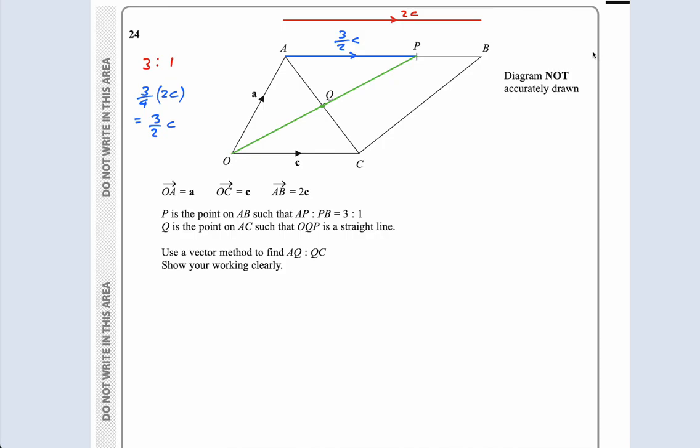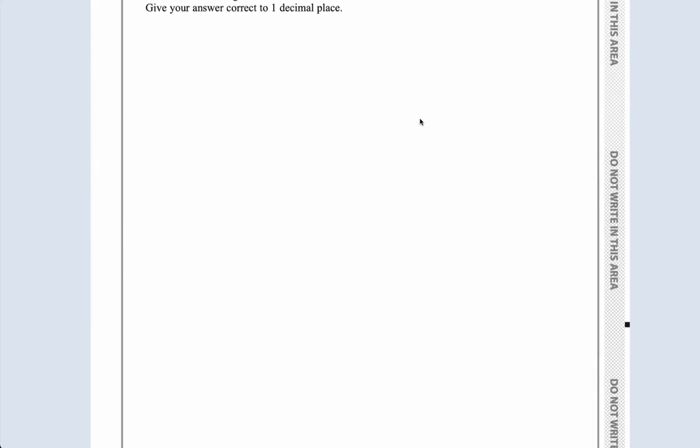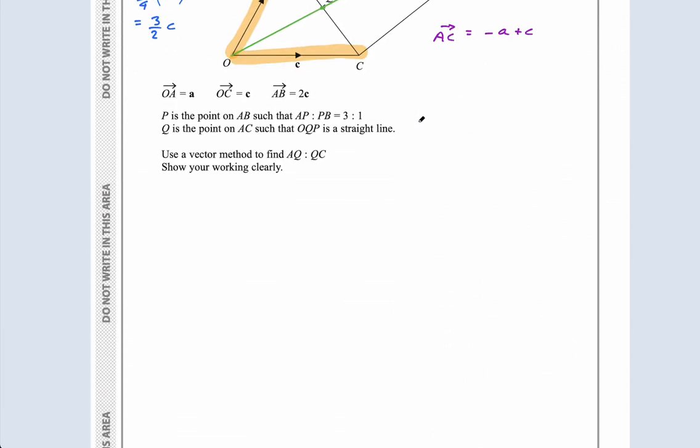Okay, so obviously, guys, as I've said, not a nice question. So the first thing I want to do is get AC. AC is equal to minus a plus c. That is me going down this, minus a plus c, and I get AC. And, oops, I didn't want to do that.